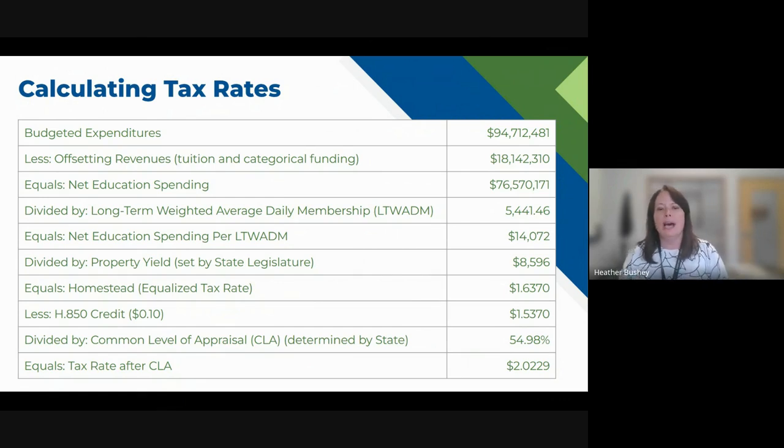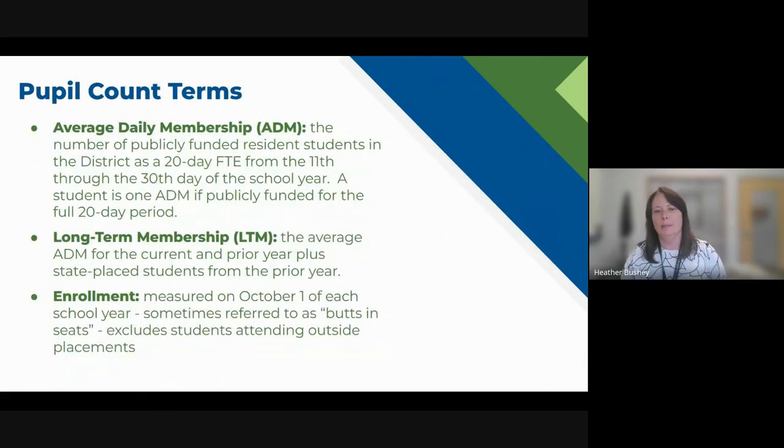But then we divide it by our common level of appraisal, again, determined by the state. And that gets us our tax rate that's going to show up on a taxpayer's bill, $2.0229. So let's break the pieces up and look at the individual pieces.